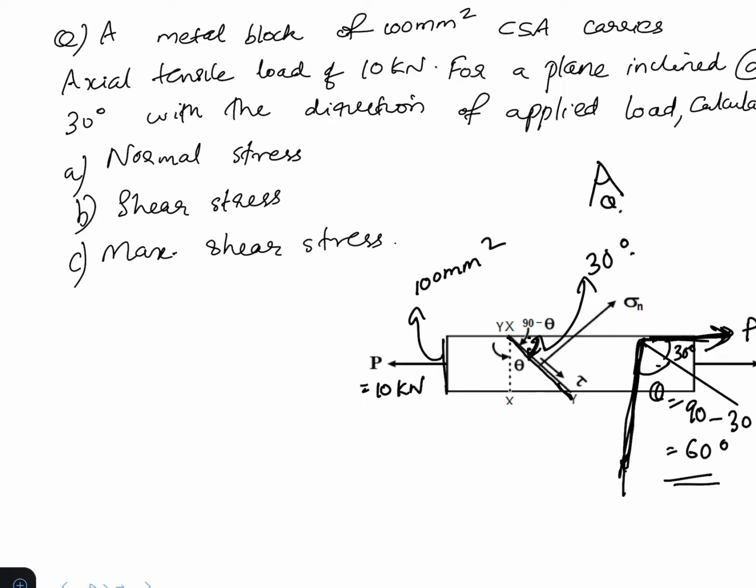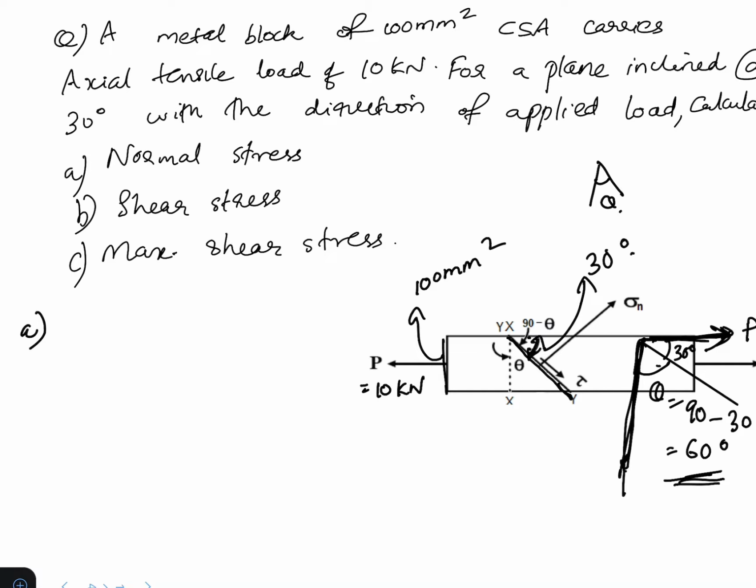This is the complication in this question. We have to find the value of theta. The value given in the question is the angle between the load and the oblique plane, and we have to find the angle between the two planes. So our 60 degrees is our theta, and the problem is fully set up.